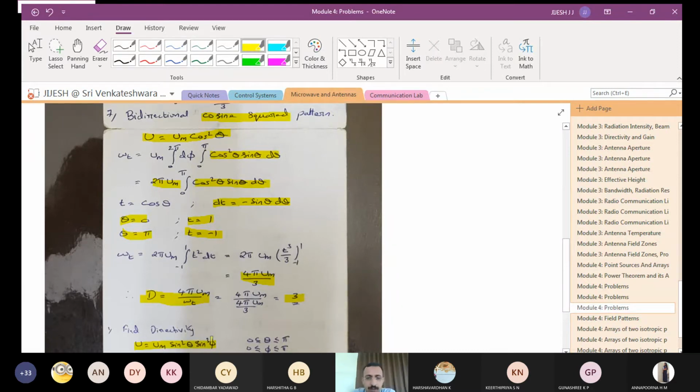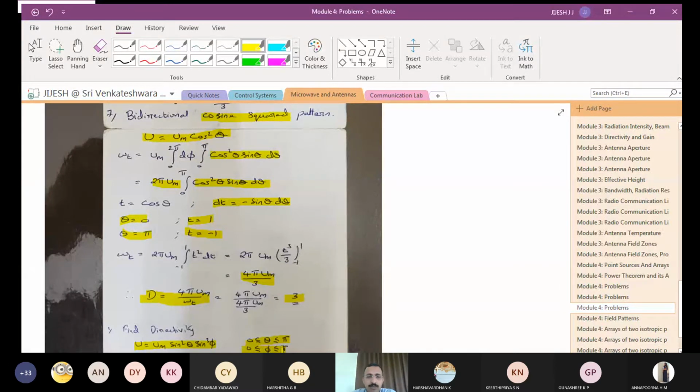Let me see how many of you do the integration properly and get me the answer. The limits are defined. Find the directivity. U is equal to sine square theta sine cube phi, for the limits 0 less than or equal to theta less than or equal to pi, 0 less than or equal to phi less than or equal to pi. Try to do the directivity and let us know what the directivity of the problem is.